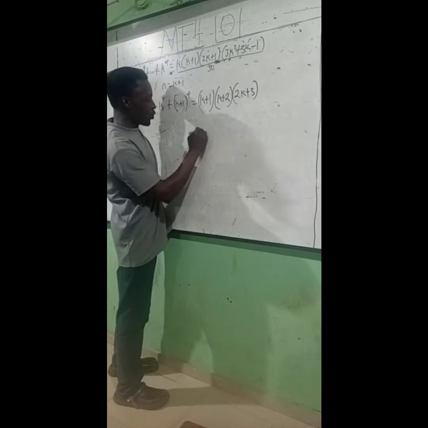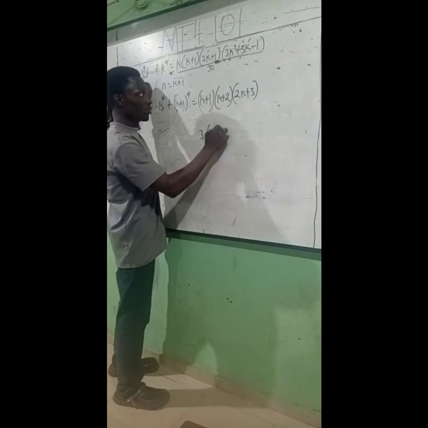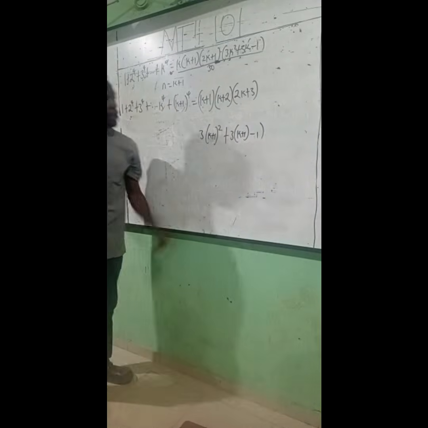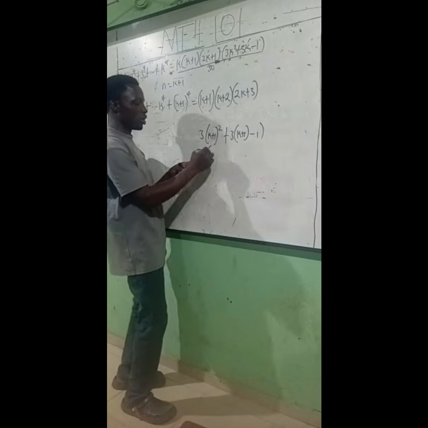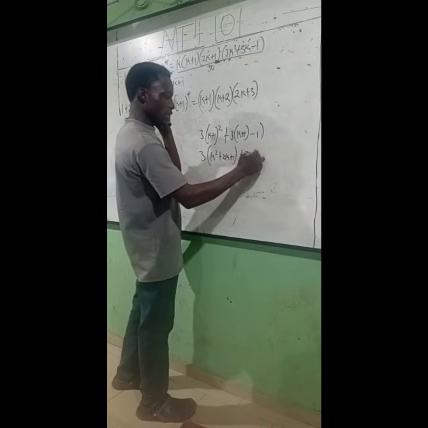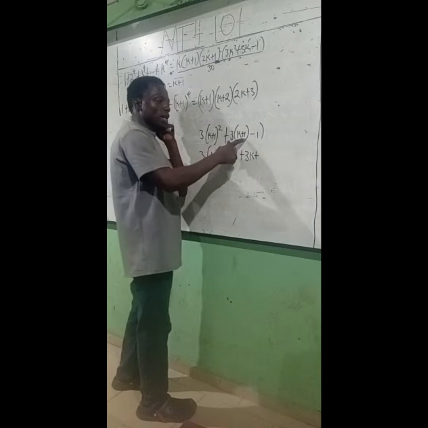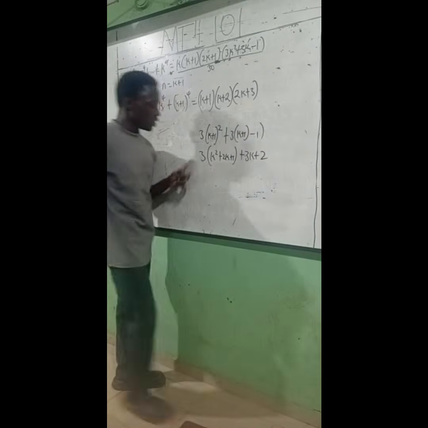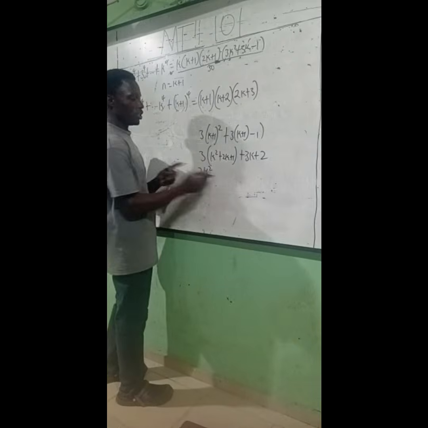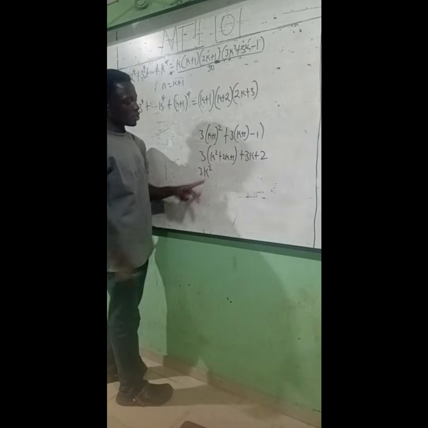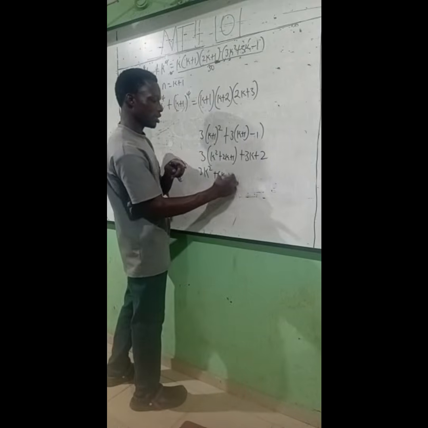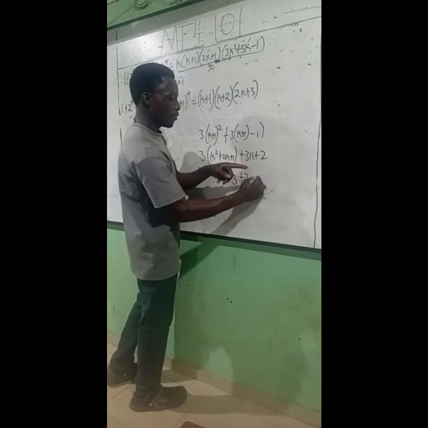Then we have 3n squared plus 3n minus 1. So here this is going to give us 3 into k squared plus 2k plus 1, plus 3k plus 3 times 1, 3, minus 1, 2. 3 times k squared is 3k squared, 3 times 2k is 6k, 3 times 1 is 3, plus 3k plus 2.